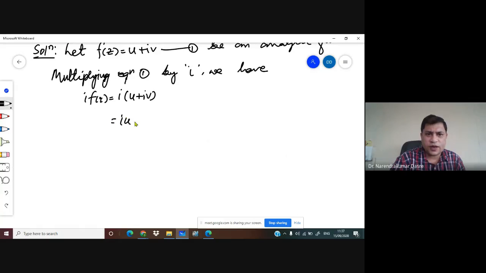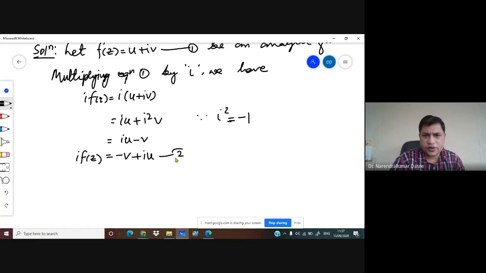Now this is equal to iu plus i square v. Since i square is equal to minus 1, I have iu minus v, or we can write this as i into f of z is equal to minus v plus iu. This is equation 2. We write with the usual notation, the real part first and the imaginary part later.